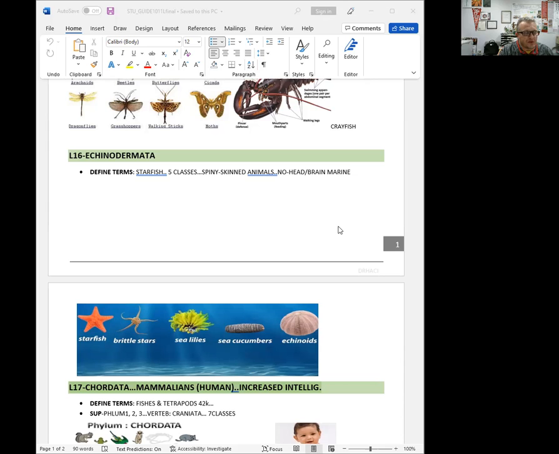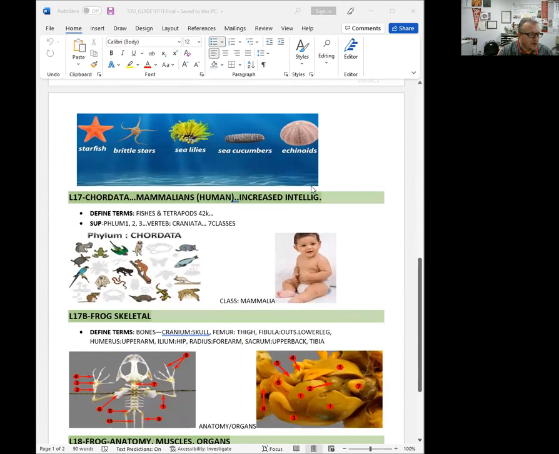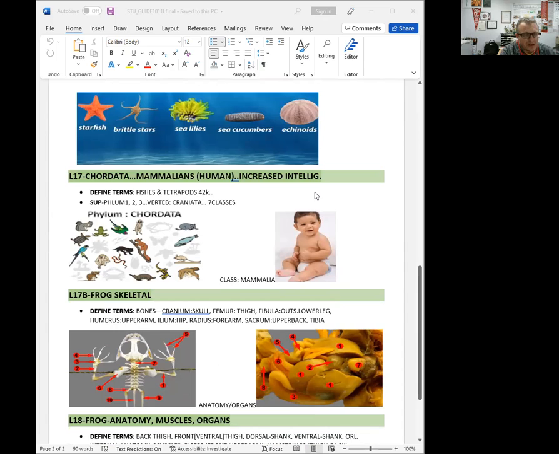Of course, the most important phylum is chordates, which also includes a subphylum with vertebrates. All the animals we've seen so far were invertebrates, and most of the chordates are too, but there is one subphylum which is vertebrates, the animals with backbones or a vertebral column and a distinct head.